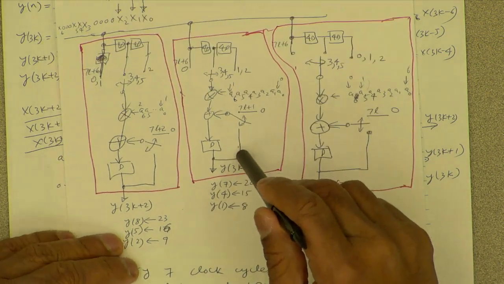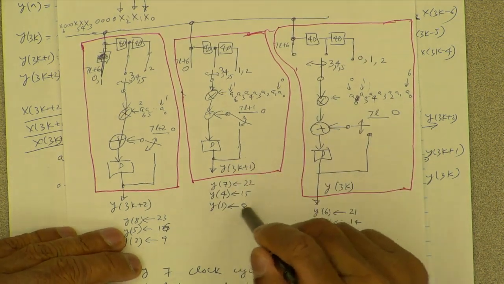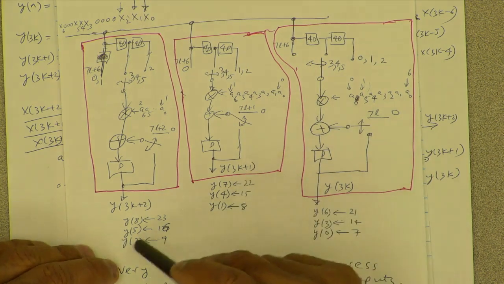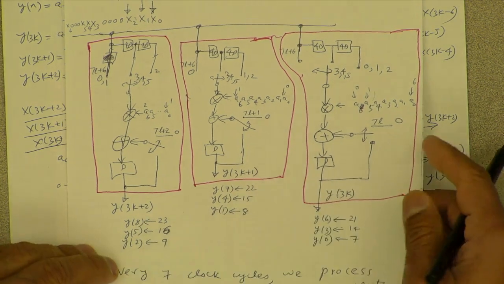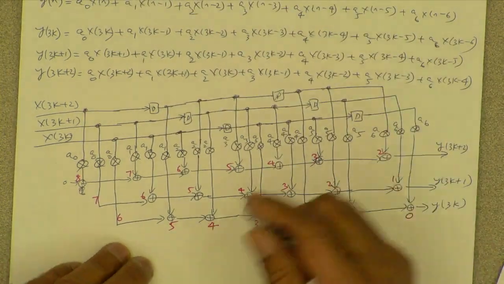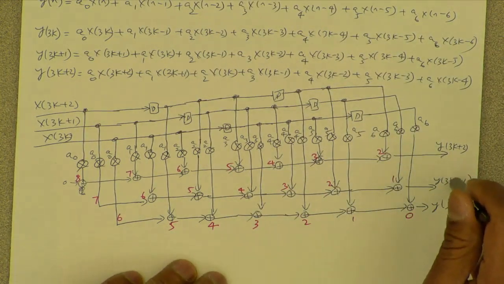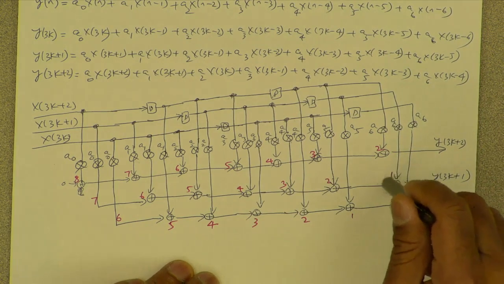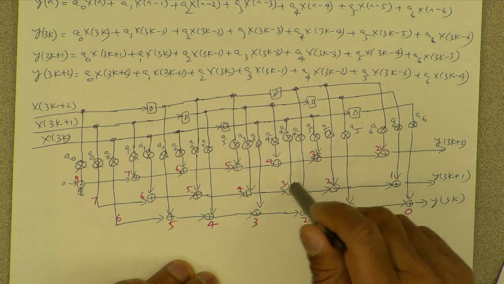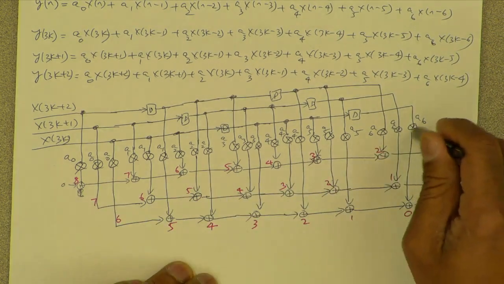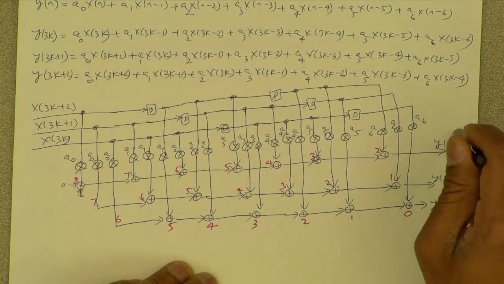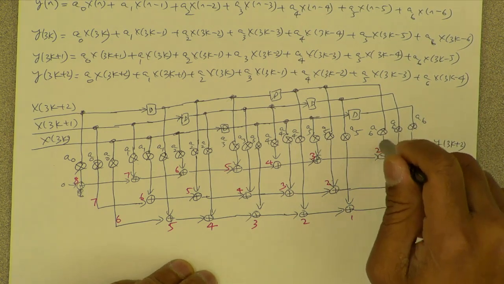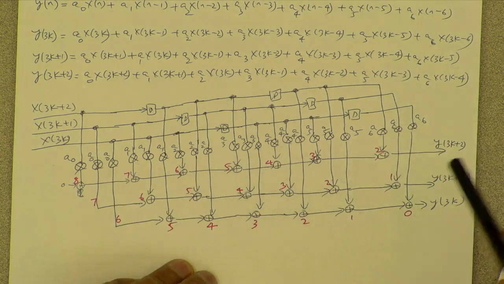And y3k plus 1, so y1, would be available in clock cycle 8, 15, etc. So this mapping shows that the PE computing y3k plus 1 will begin in clock cycle 1, 2, 3, 4, 5, 6, 7, and the PE computing y3k plus 2 will compute these in clock cycles 2, 3, 4, 5, 6, etc.